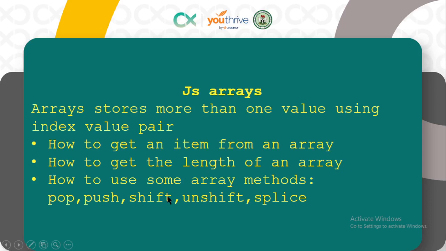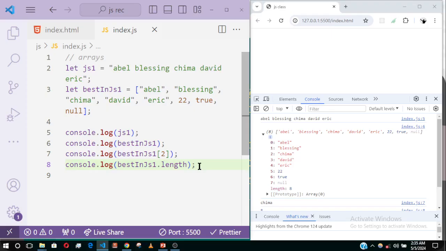So let's learn the first one, which is what? The pop. So the pop is used to add items at the end of the array.